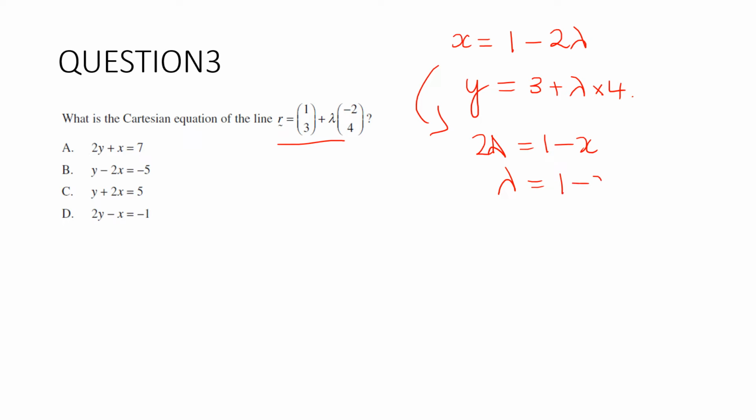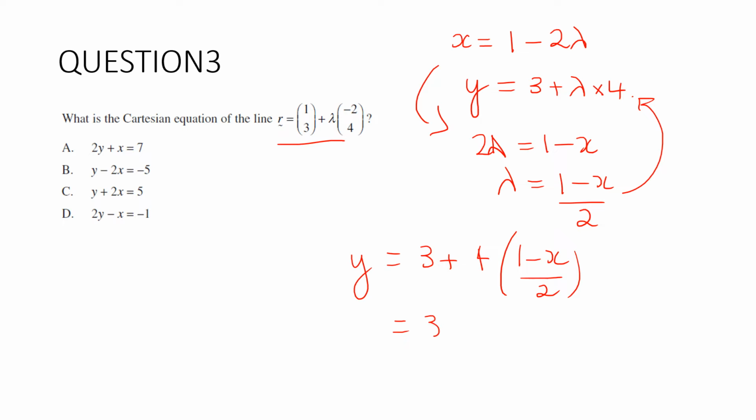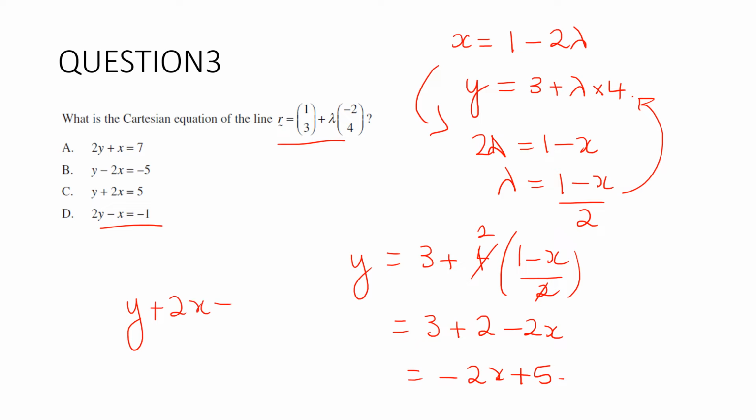Lambda is equal to (1 minus x) over 2, and substituting in here, y is equal to 3 plus 4 lots of (1 minus x) on 2, which is equal to 3 plus 2 minus 2x, which equals negative 2x plus 5. Wow, what a funny way to write all of these. We've put y first, so y plus 2x is equal to 5. The answer is C.